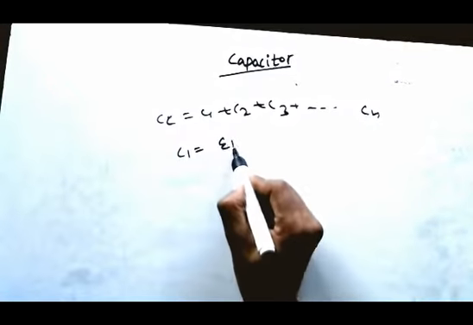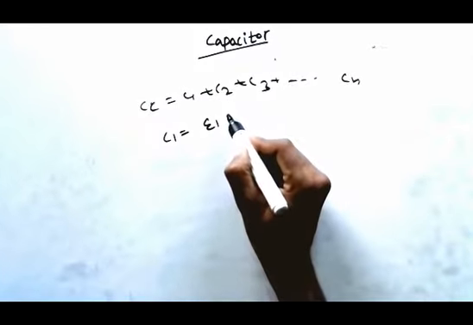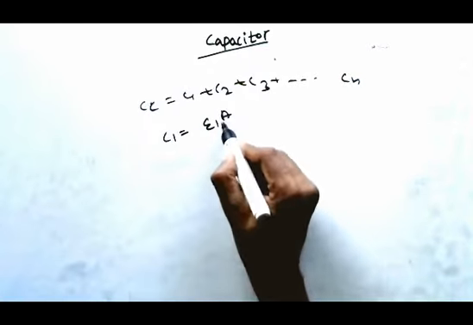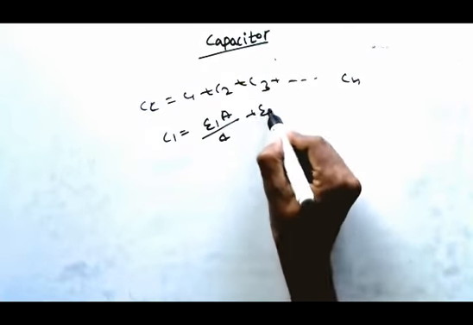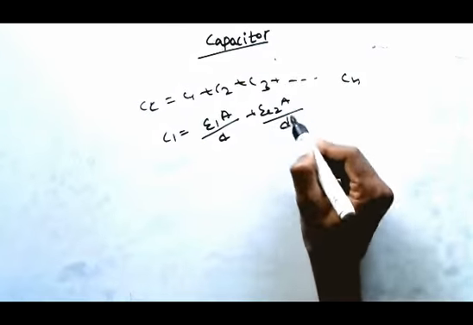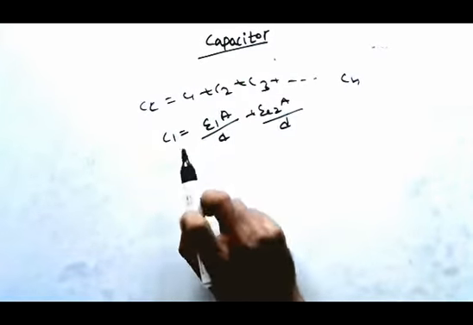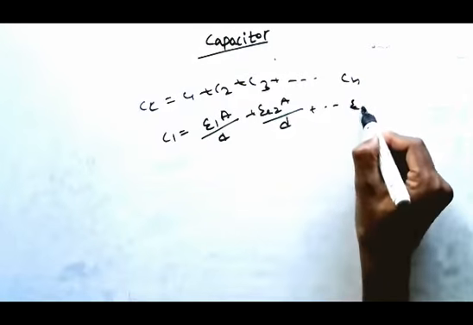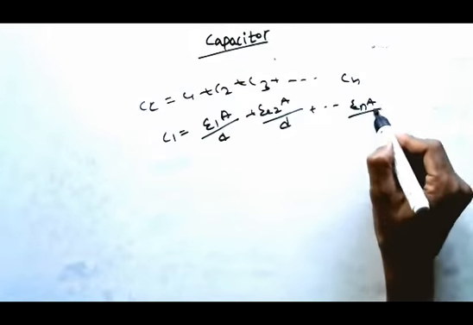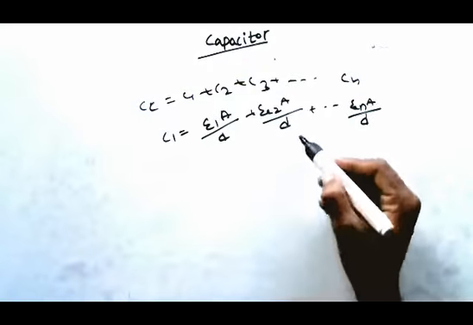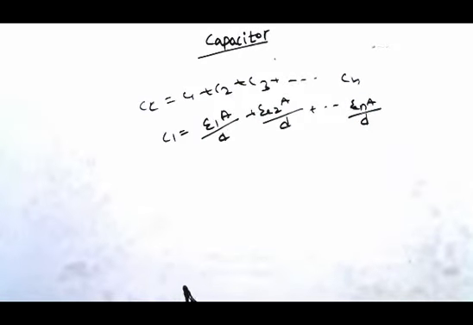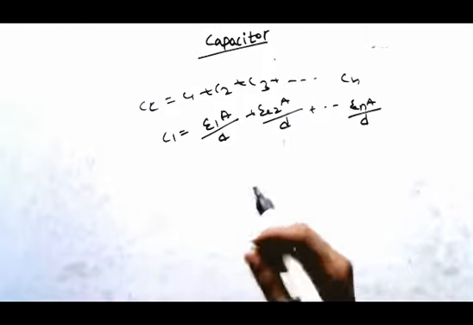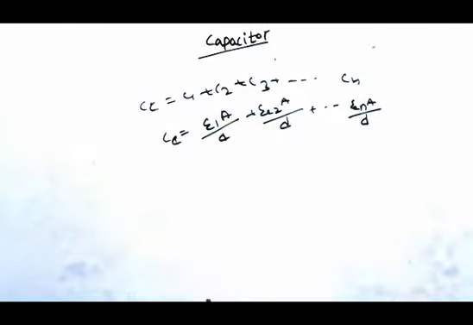C1 is equal to epsilon 1 into A divided by D, plus epsilon 2 into A divided by D, and so on up to epsilon n A divided by D. Here we assumed that only the dielectric material is changed, and the area and distance of separation are the same. In any case, if area and D all change, we can substitute them and get C equivalent.